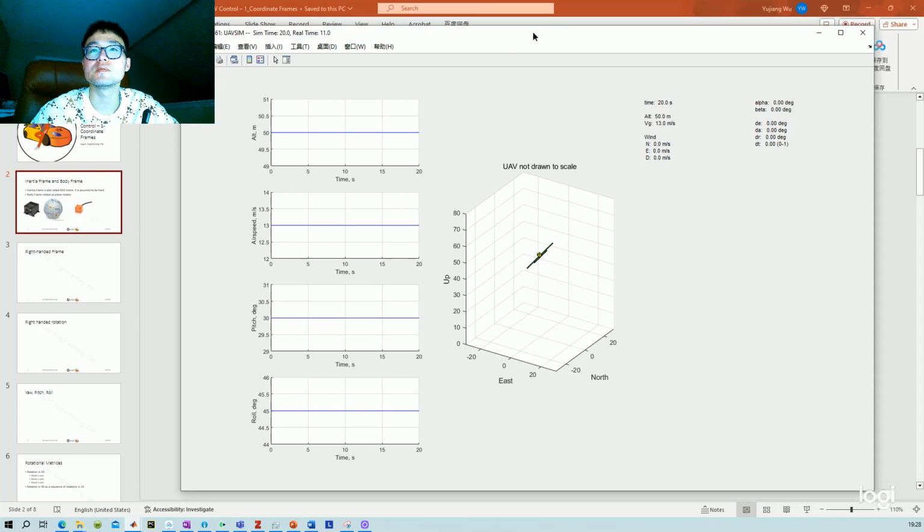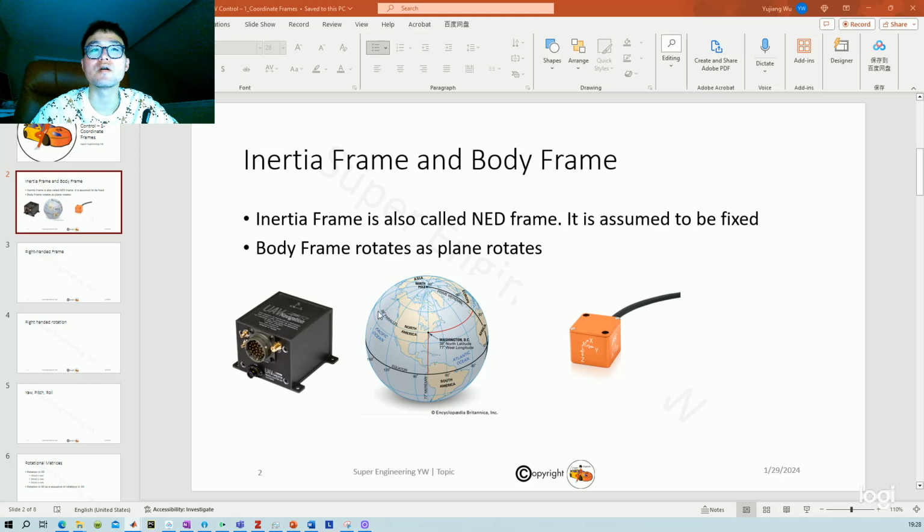In this first video, I will start talking about the inertia frame and body frame, which are the two most important frames. And why we need to learn about this, one of the reasons is that the sensors on the UAV are usually the GPS, as well as something called a gyroscope.